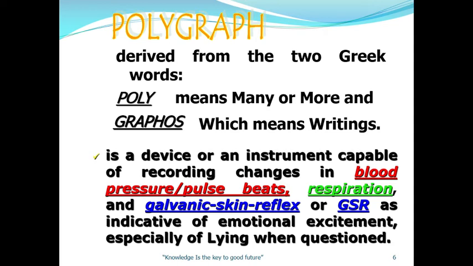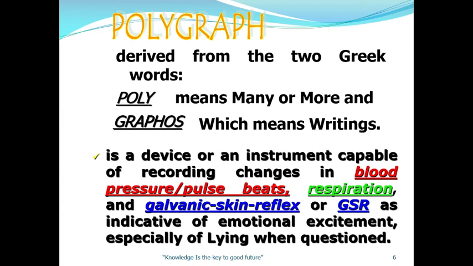So it doesn't say that the polygraph machine or instrument tells that the person really lies. It is just a machine that records blood pressure, pulse beat, or other terminology, pulse rate, and then it records your respiration, and your galvanic skin reflexes.